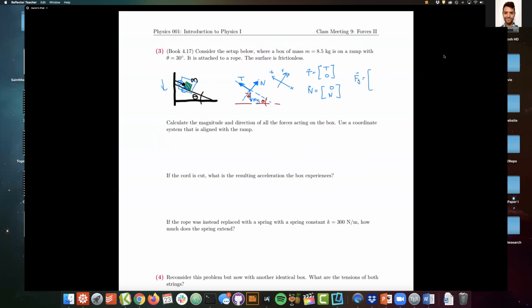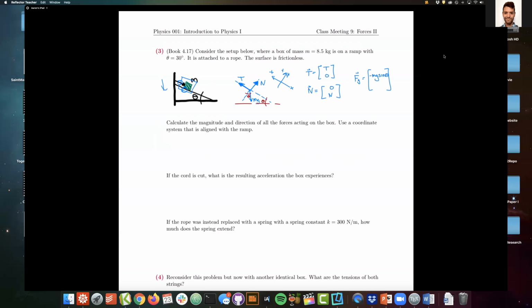The only one that's a little bit different is the force due to gravity, where there's a component that is parallel to the ramp, and that looks like it's negative mg sine theta.